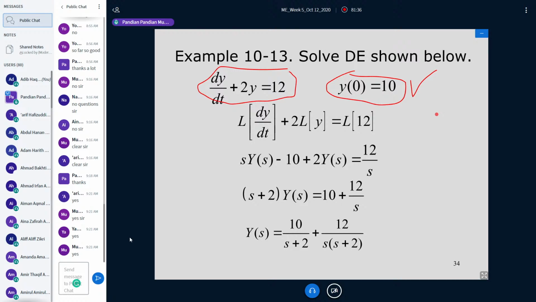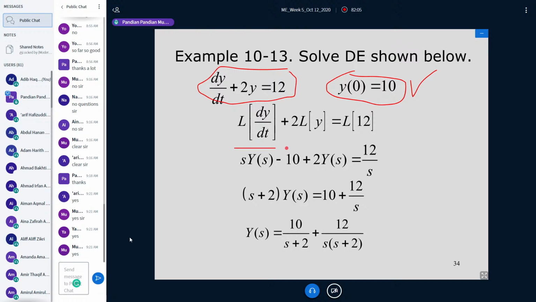This is one of the extra jobs. With Laplace transform, you no need to find c. If you notice carefully, there is no c in your final answer. First order, second order, third order, and so on. So that is one of the advantages of using Laplace transform.